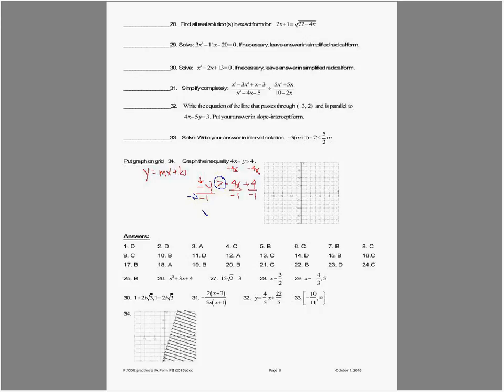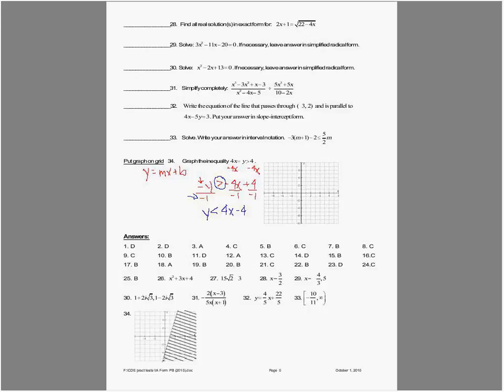So this becomes y, negative 1 divided by negative 1 will cancel. We're going to flip our inequality because we divided by a negative number. Negative 4x divided by negative 1 becomes a positive 4x. And positive 4 divided by negative 1 is a negative 4.